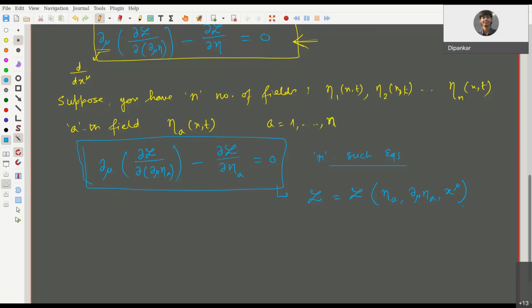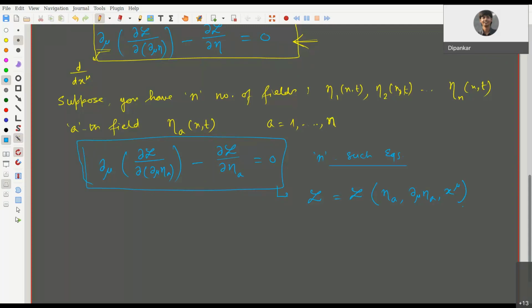When I talk about Lagrangian in the context of classical field theory, I always imply Lagrangian density. So my Lagrangian density basically depends on these three quantities: fields, field derivatives, and the space-time coordinates themselves.